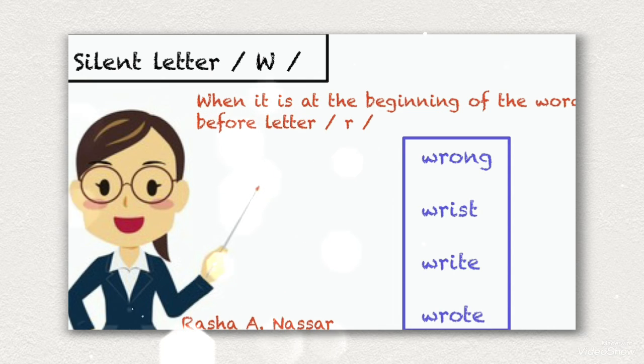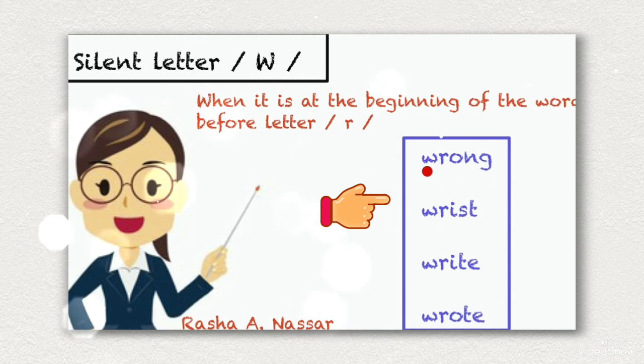When it is at the beginning of the word before letter R, I will consider letter W as a silent letter. Let's read these words and see how we can pronounce the word without letter W.